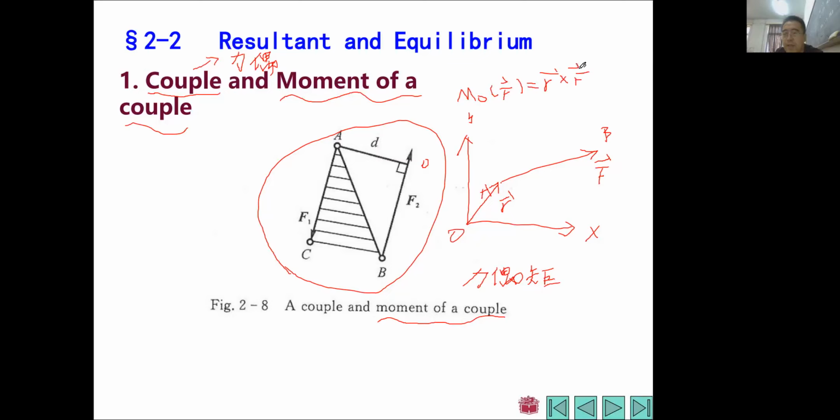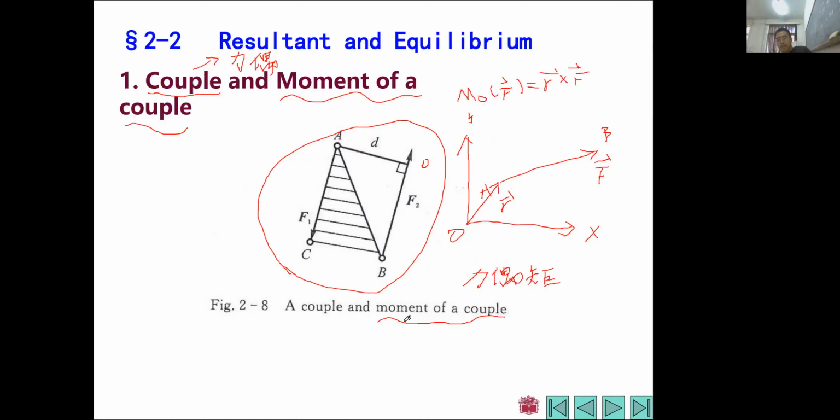So we have learned that the moment of a force to a point is the cross product of two vectors. So this moment is always another vector. That vector will be perpendicular to the plane constituted by this R and this F, right? So that is the moment of a force to a point.